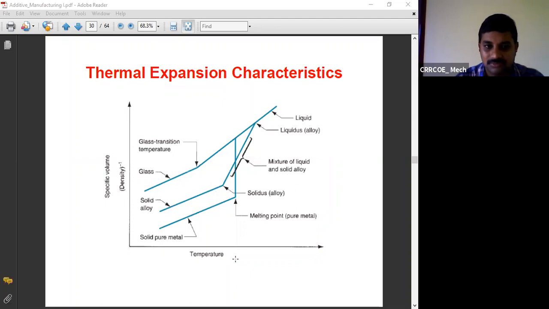What is specific volume? Any one of you? Basic definition. What is the ratio for specific volume?